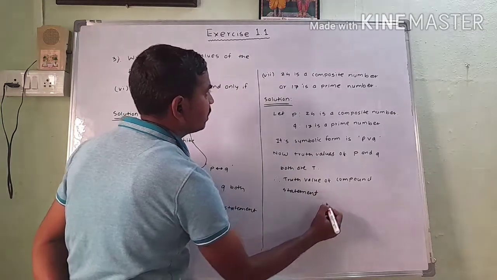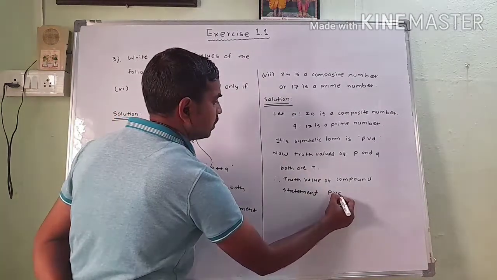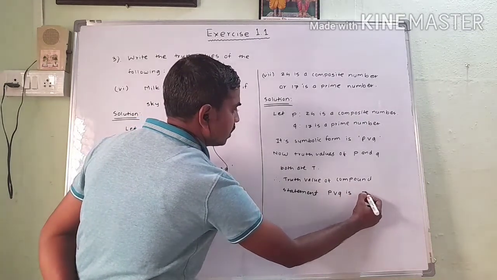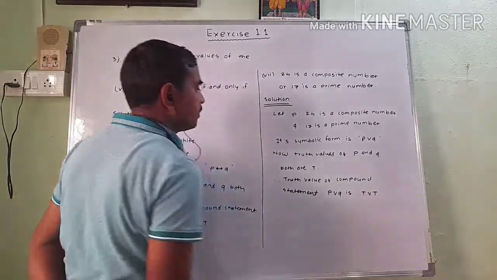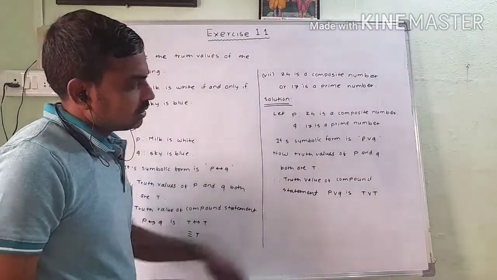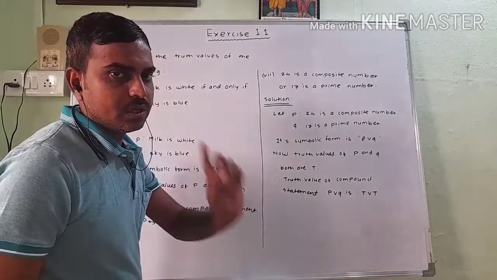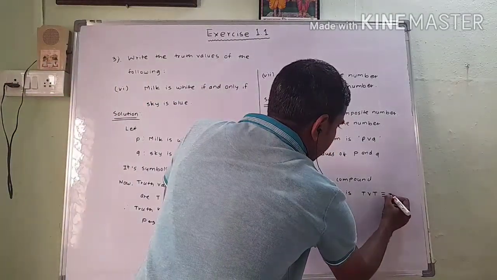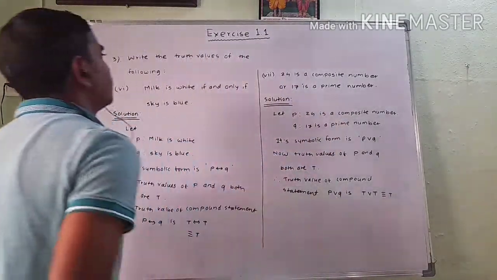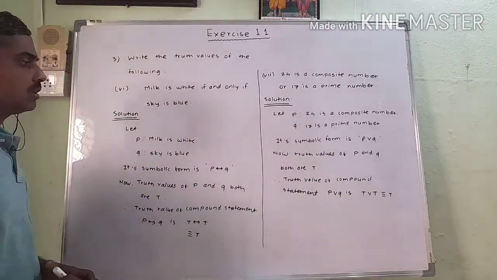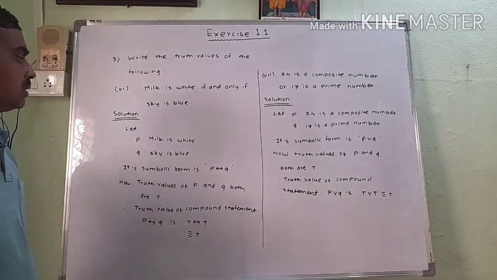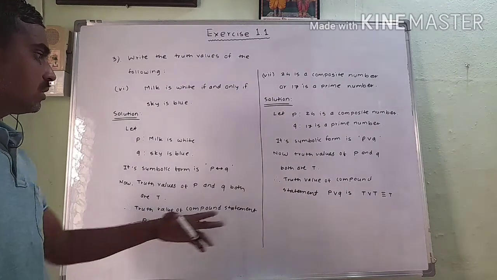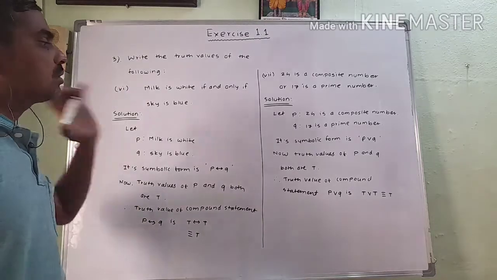In this compound statement, the disjunction is P or Q. P or Q is T or T. You know that the disjunction of F and F is only F. In all other combinations, its truth value is capital T. Therefore this is our solution: the 7th compound statement is true. The 6th compound statement is also true. This is the solution of the complete third type.